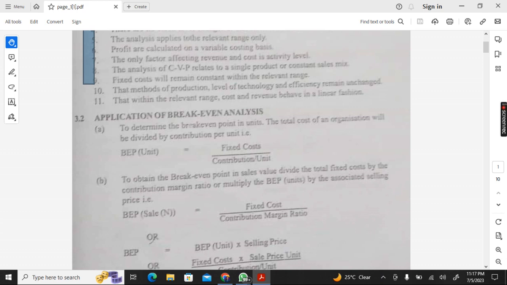To determine a break even point in units and to determine a break even in sales, there are different things. Now, break even point, we know, is a place whereby there's no sales or profit.